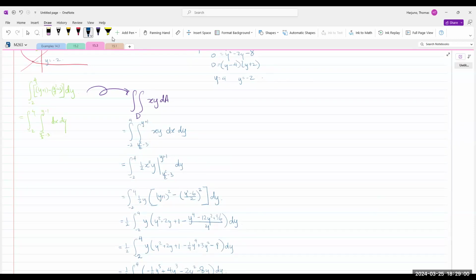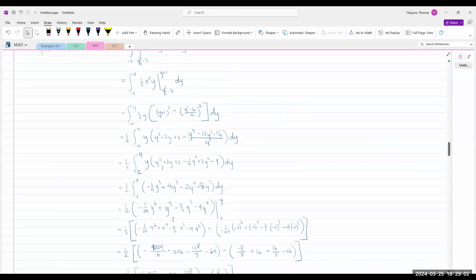Okay. So that will be 2y. So it should not be plus 2y squared.